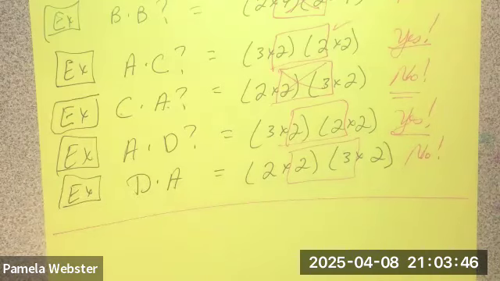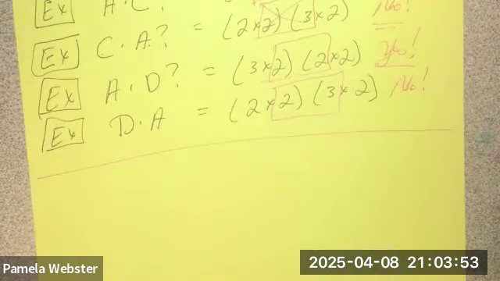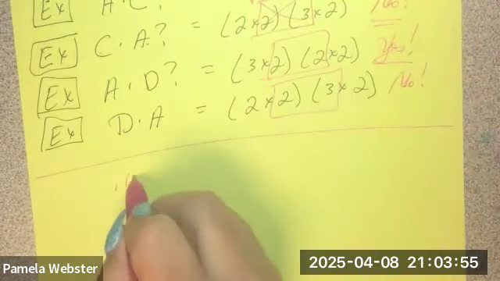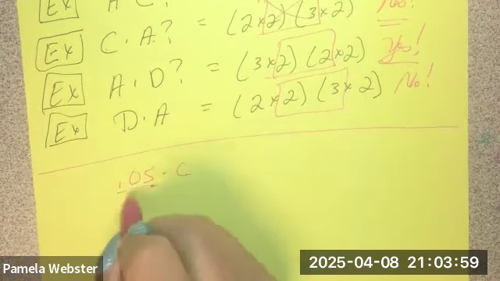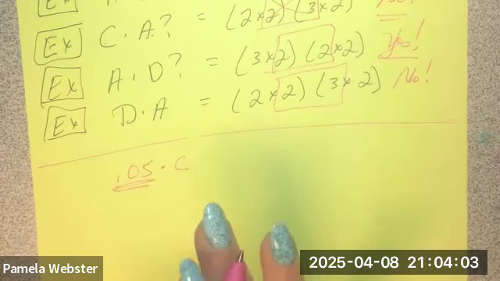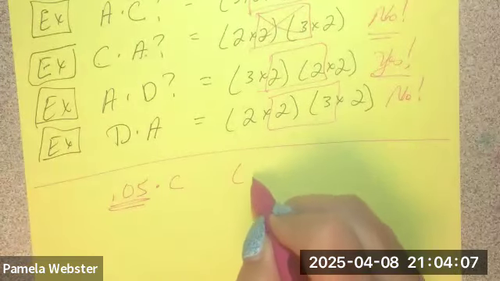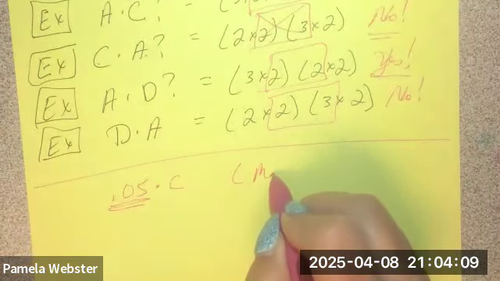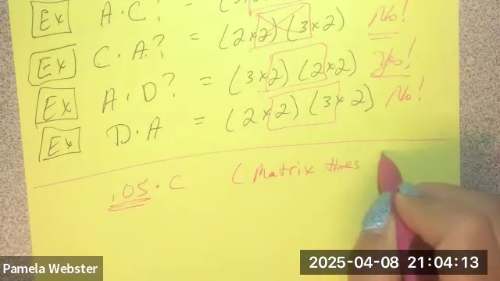So you've got two things you can do when you're multiplying. You can either multiply by a constant out in front, like we did earlier, right? 0.05 times C, okay? And in that case, you distribute that 0.05 through every single element inside of the matrix. So this is a matrix times a constant.